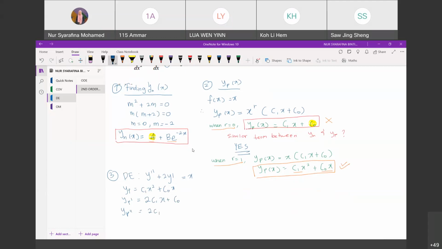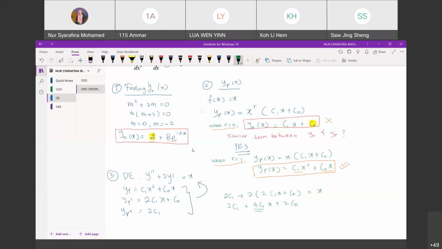Then substitute into the differential equation, which gives you 2c1 plus 2 times (2c1x plus c0) equals x. Then you compare. For those with x, compare with x. So we have 2c1 plus 4c1x plus 2c0.